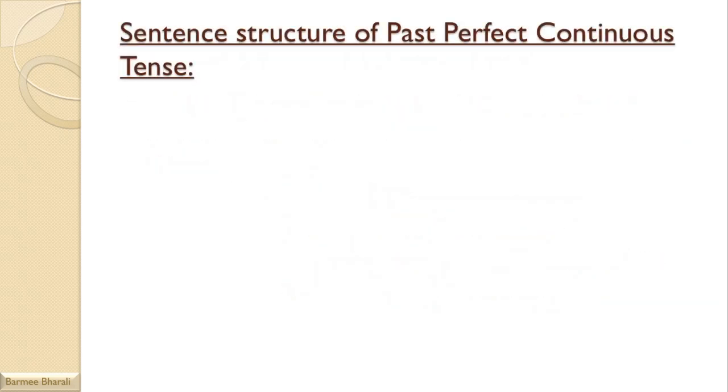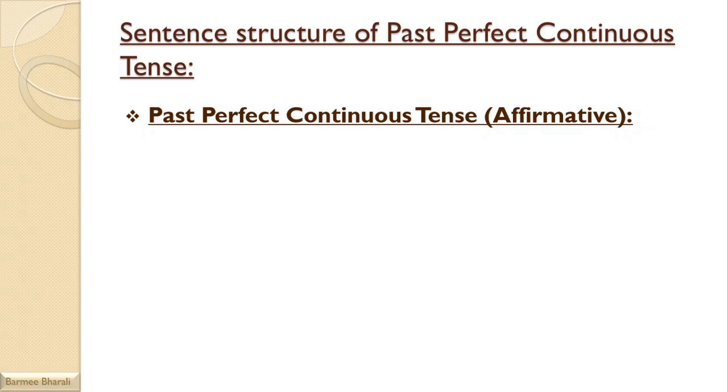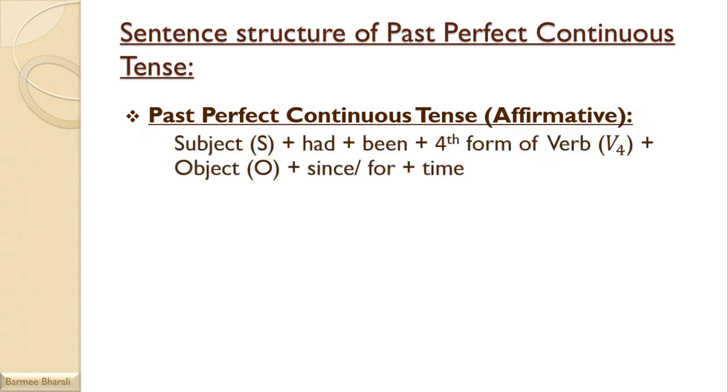Sentence structure of past perfect continuous tense. Past perfect continuous tense affirmative. Subject plus had plus been plus verb plus ing plus object plus since or for plus time.